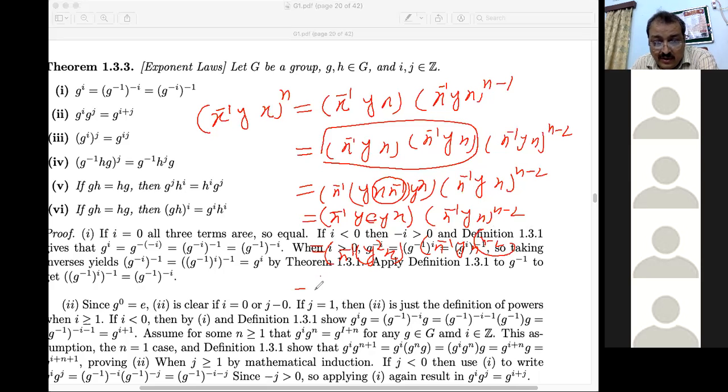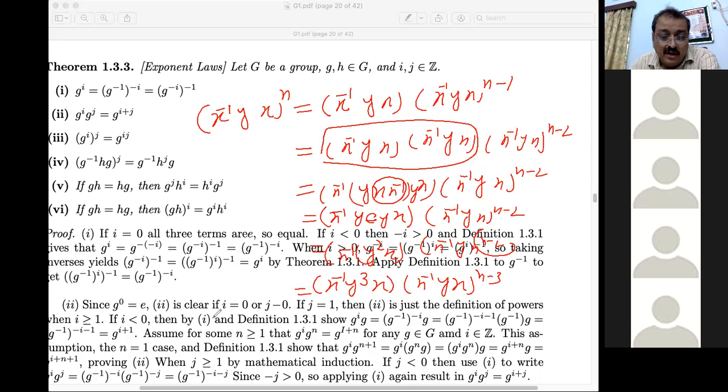What is the next term? If you apply it in the similar fashion, we have x inverse y to the power 3 x, and the next term is x inverse y x to the power n minus 3.